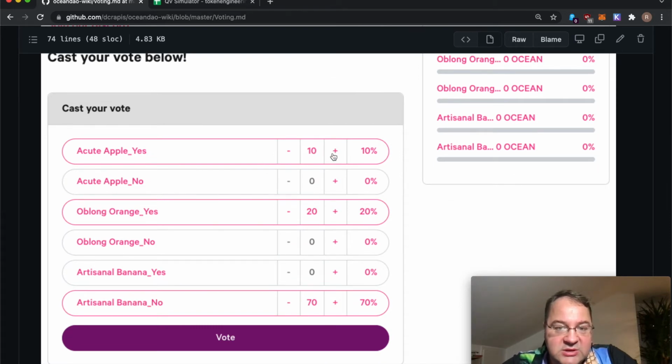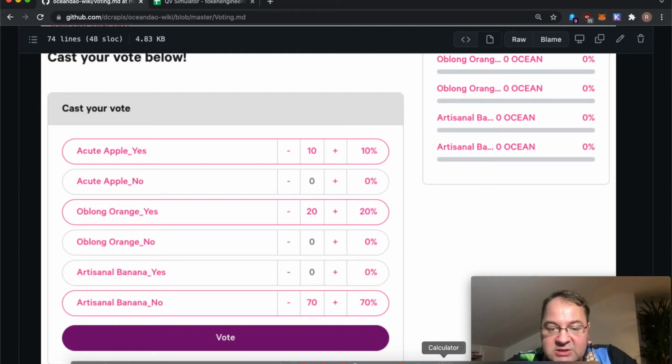You vote 33% here, yes, 33% here, yes, 33% here, yes. Then each one of these gets 100 votes, and afterwards the square root is taken. So you vote with 10 votes for each of them. If you would instead go with 100% for this one, then it would be the square root of the 300, which would be much less than 30 votes.